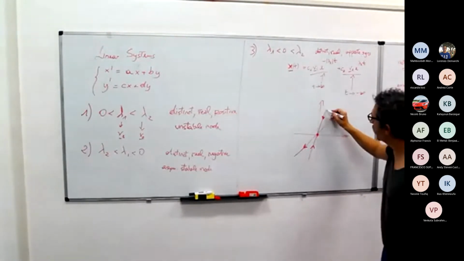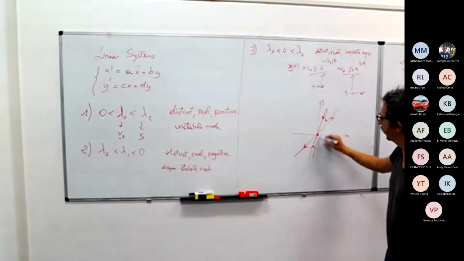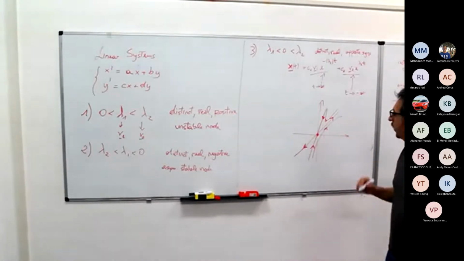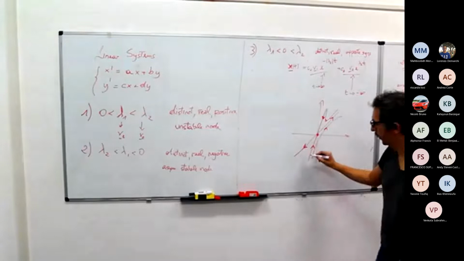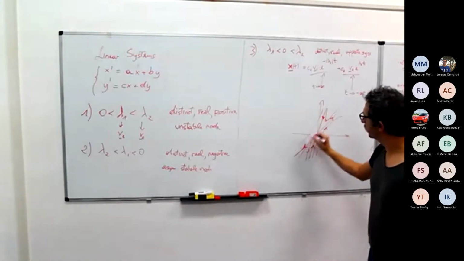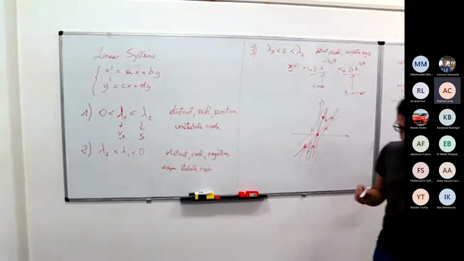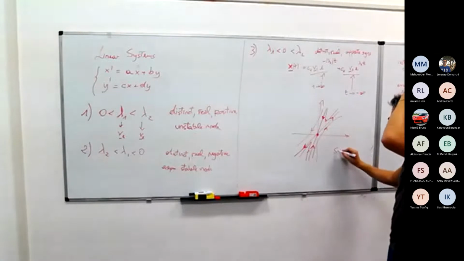So basically any other orbit can do like this one or like this one and so forth and so on. So what is this? A saddle. This is a saddle.